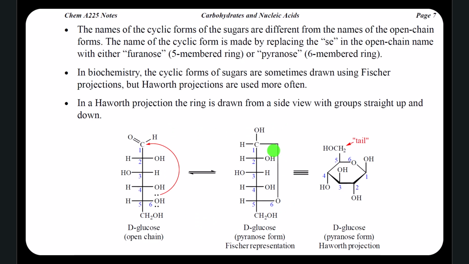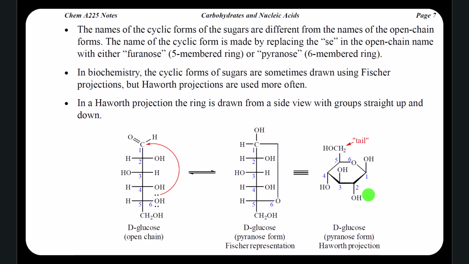Biochemists often use this type of representation, but it's more common for organic chemists to use what's called a Haworth projection. In a Haworth projection, we imagine that the ring is lying on its side and that we're looking from a side view, and that the groups attached to each carbon of the ring are drawn perfectly parallel to the edge of the paper, either straight up or straight down.